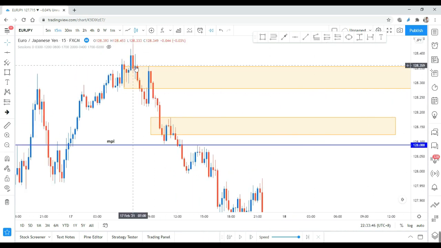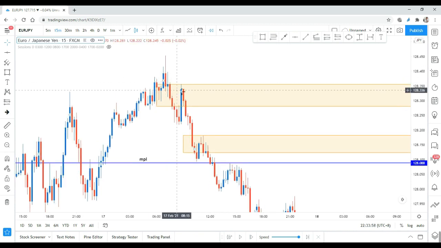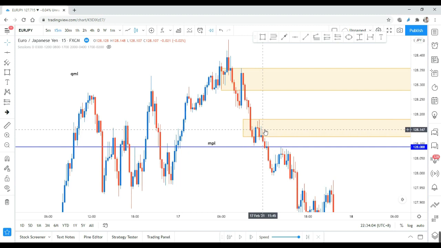No, only one. The other one has been consumed, so it is not fresh anymore, and this is the only one. So this will likely be my entry zone.